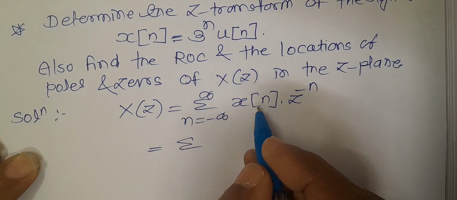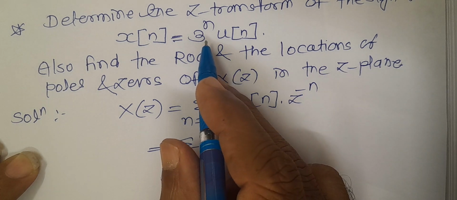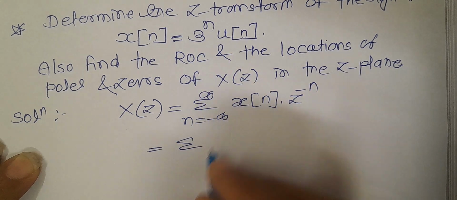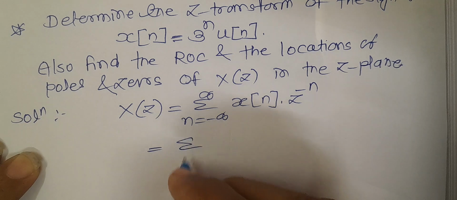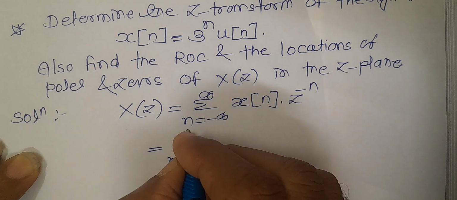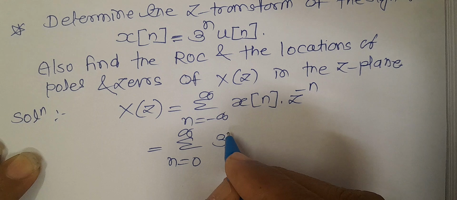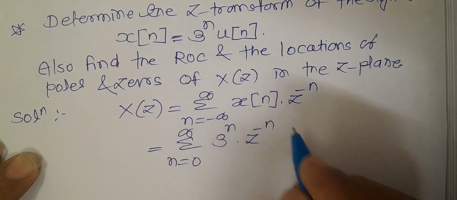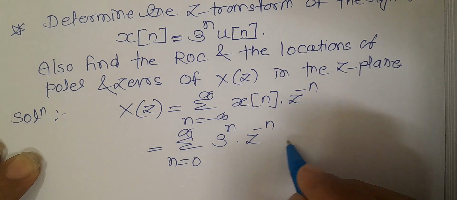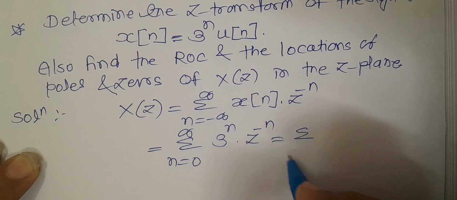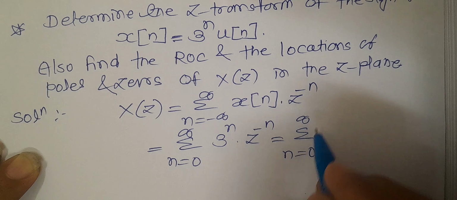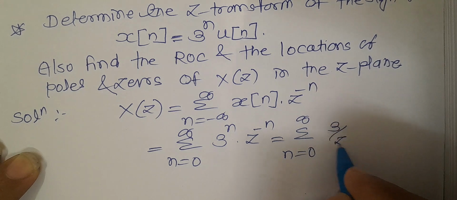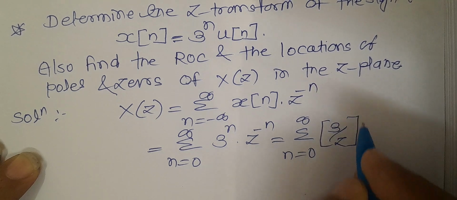It is a one-sided signal, so the limit will change here. n equal to 0 to infinity, 3 raised to n into z raised to power minus n, with the unit step function. So I can also write n equal to 0 to infinity and 3 by z raised to power n.